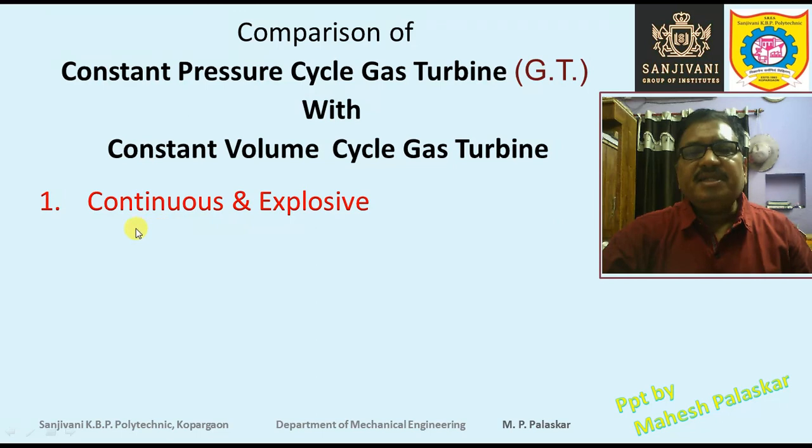There is no explosion in case of the constant pressure cycle gas turbine, right? So the combustion is continuous in the constant pressure gas turbine, but there is an explosive type of combustion in the constant volume cycle gas turbine. So the combustion is intermittent or explosive in the constant volume gas turbine, but in the constant pressure gas turbine, the combustion is continuous, the fuel is added continuously and slowly, so there is no sudden increase in the pressure, or we can say the pressure remains constant.